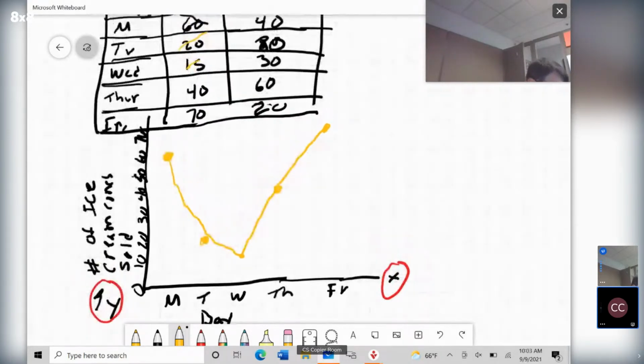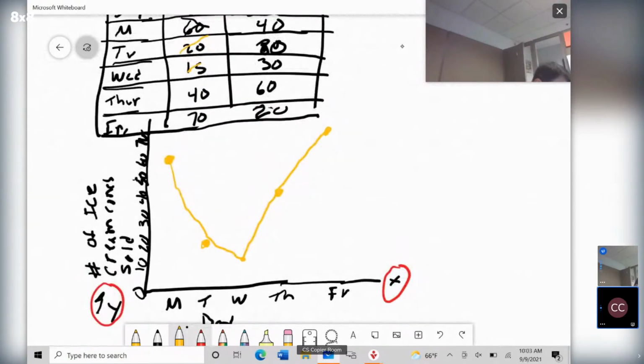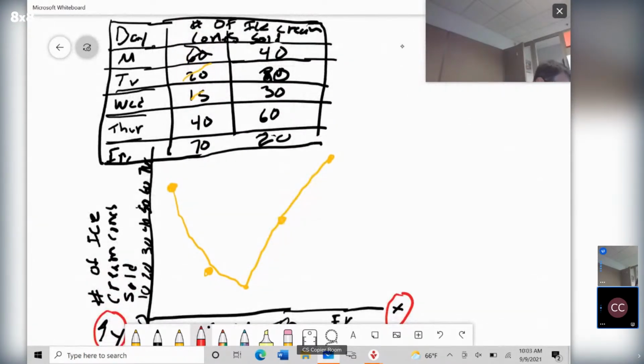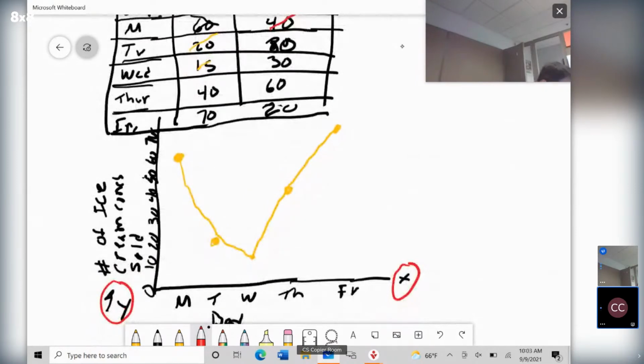Now for the vanilla, I'll do it in red, so you get a contrast. On Monday, there were 40 vanilla cones sold. So I'll find Monday, and we're going to go to 40. Okay. Tuesday, there were 80. So Tuesday is going to be way up here, 80.